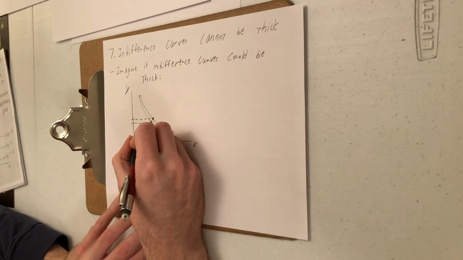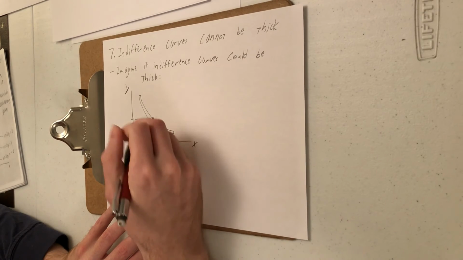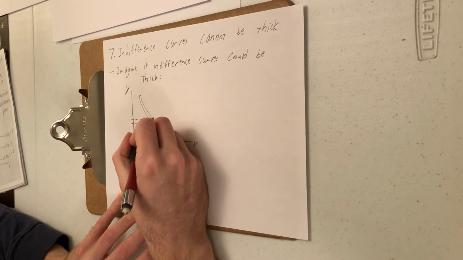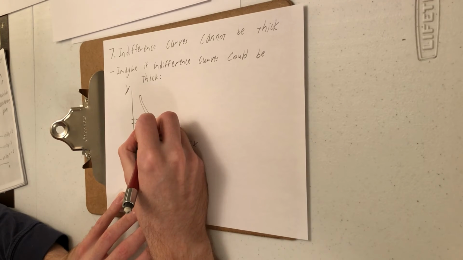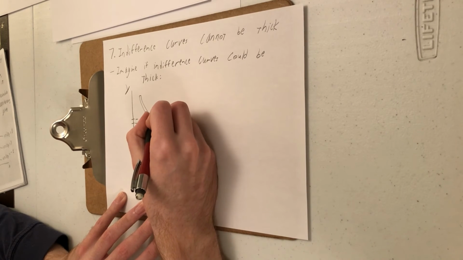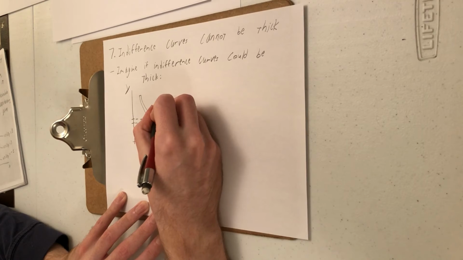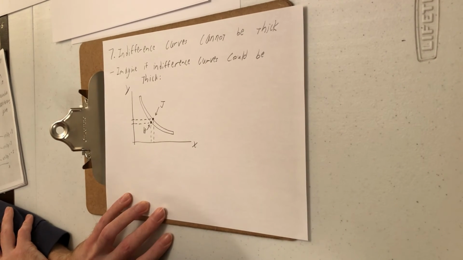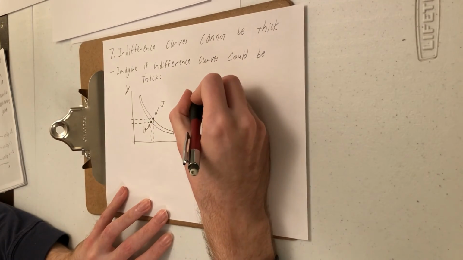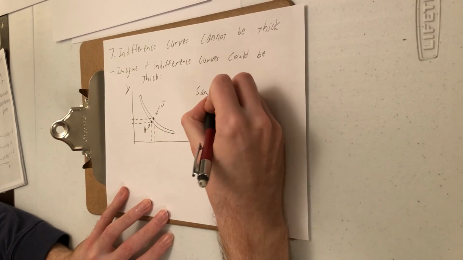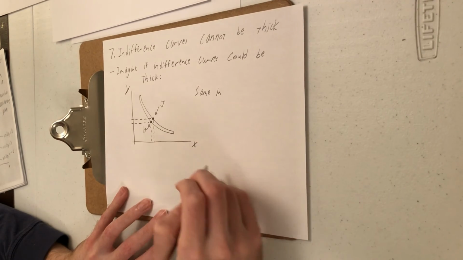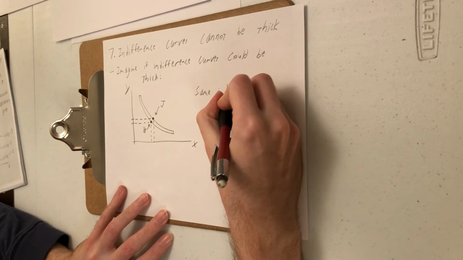So let's call this one here, we'll call this one H. And this one is J. So H and J are on the same thick indifference curve.